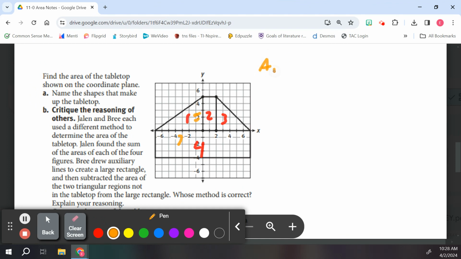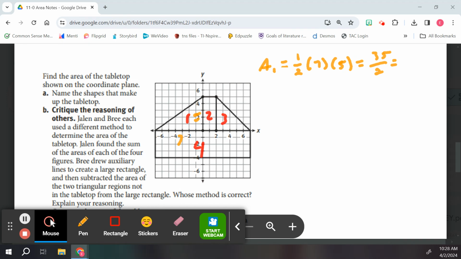So the area of shape 1 is going to be 1/2 times 7 times 5. That leaves you with 35 over 2, which is what? I got like 17.5.